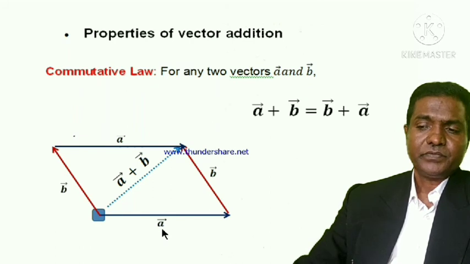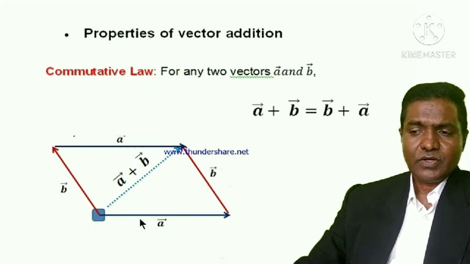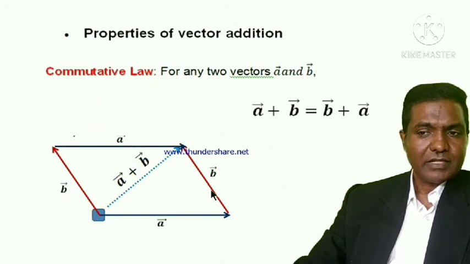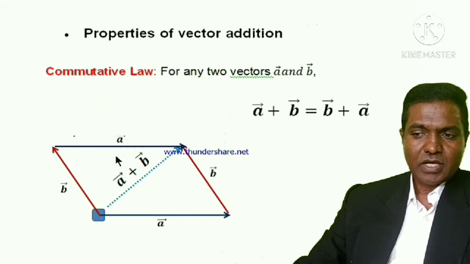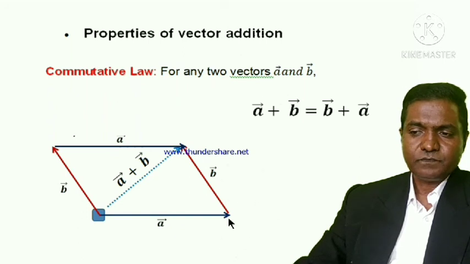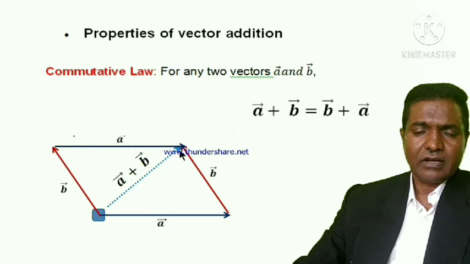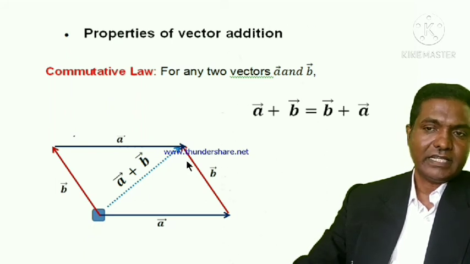See, here is a parallelogram. These two sides are parallel to each other and these two are parallel to each other. Now A plus B, if you apply the triangle law, the sum of these two is equal to this diagonal, as we have seen earlier.